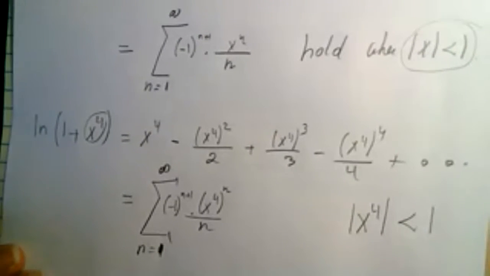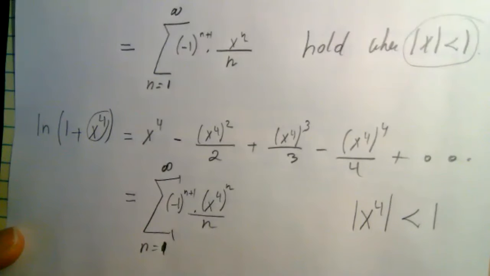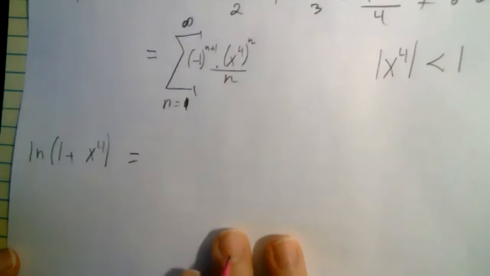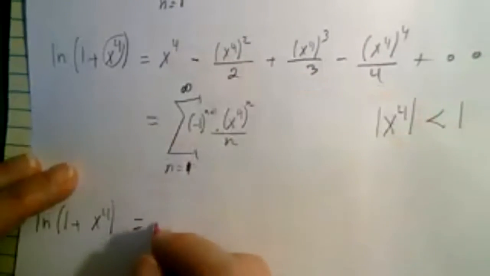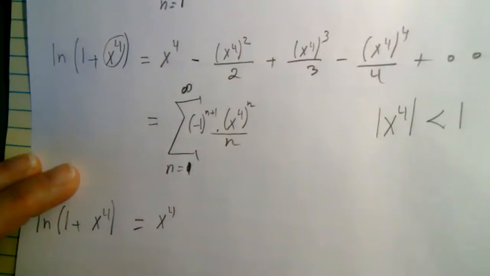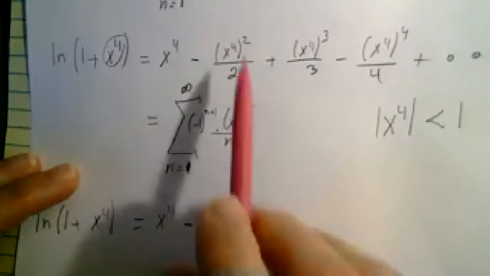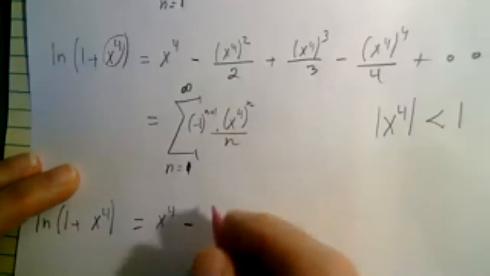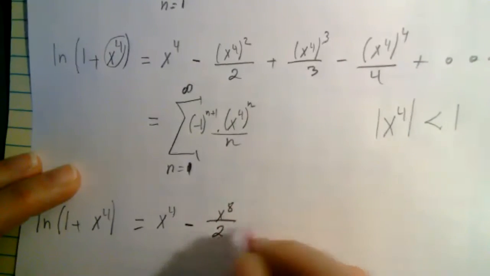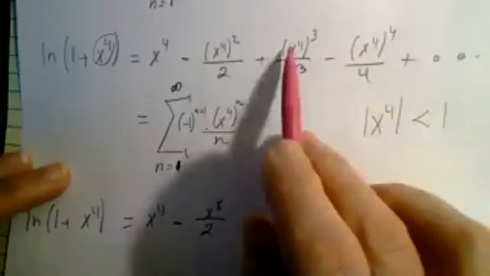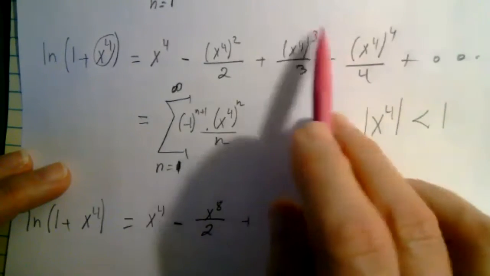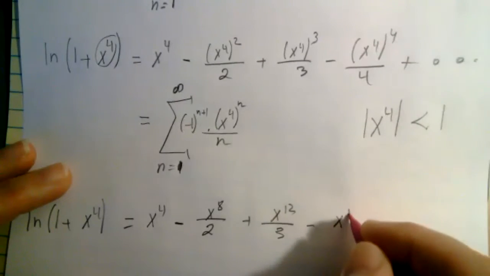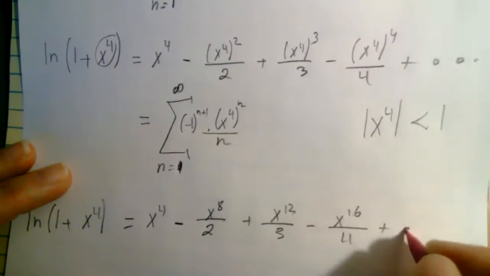So ln of 1 plus x to the power 4 equals x to the 4, nothing could be done about it. Minus, you never forget, x to the 4 squared, we multiply the powers, gives me x to the 8 over 2, plus x to the 4 cubed, again we multiply, x to the 12 over 3. And finally, x to the 16 over 4, etc.